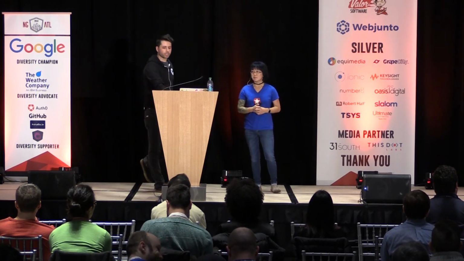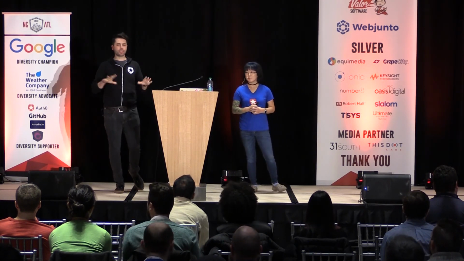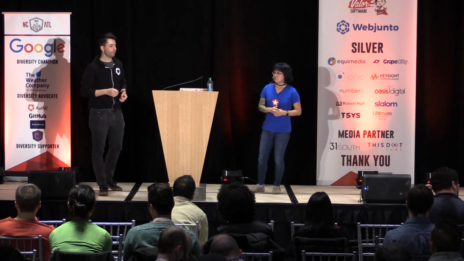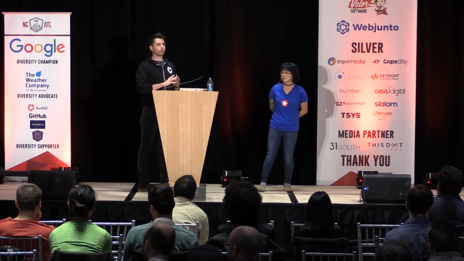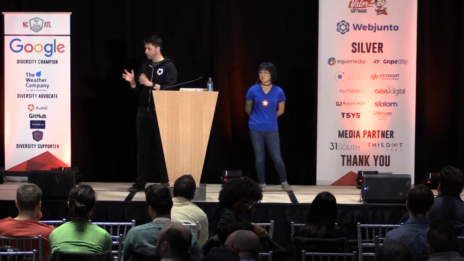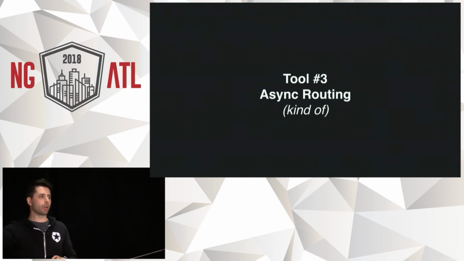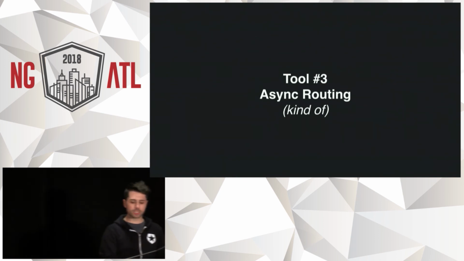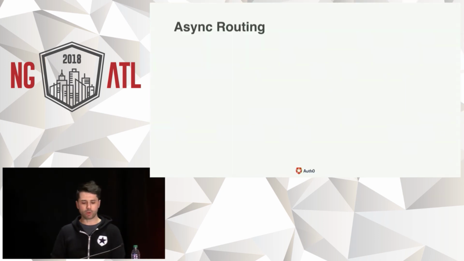Okay, so the last tool that we'll talk about really quickly here that Angular gives us is async routing. But with the caveat that this is only kind of a way to do security. We would really advise everybody to keep any kind of sensitive information out of your bundle altogether. If you have something that's really sensitive, keep it behind your API where you can do proper authentication checks. But if you need, for whatever reason, to store something sensitive in your application bundle, you might benefit from async routing.